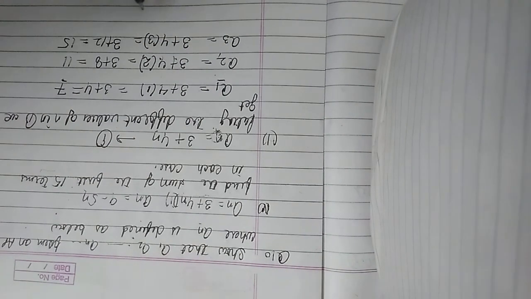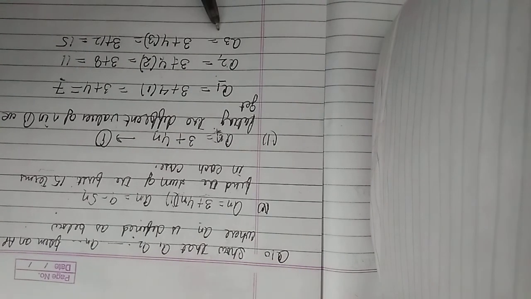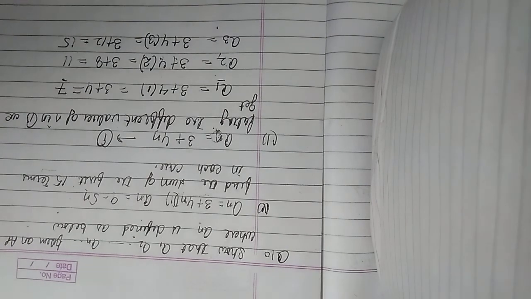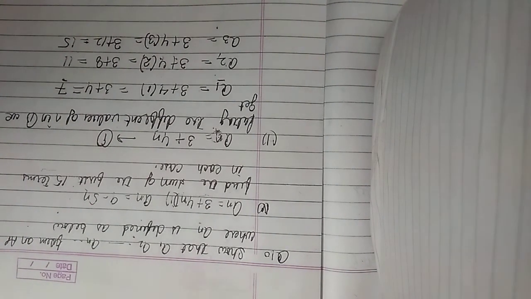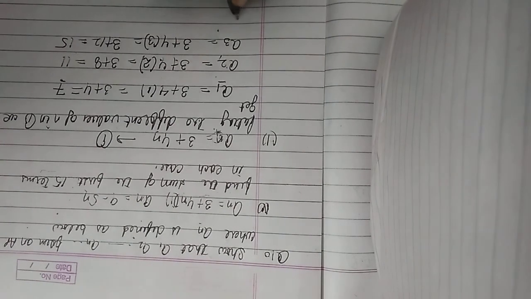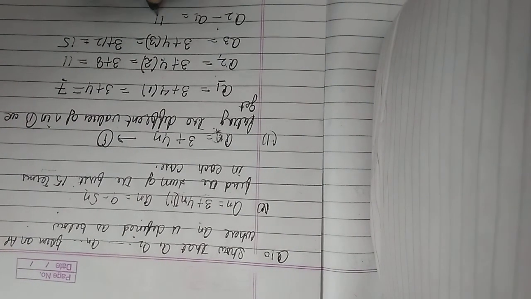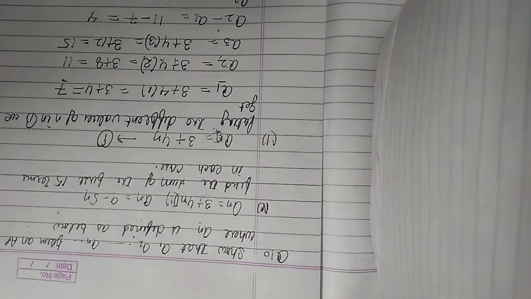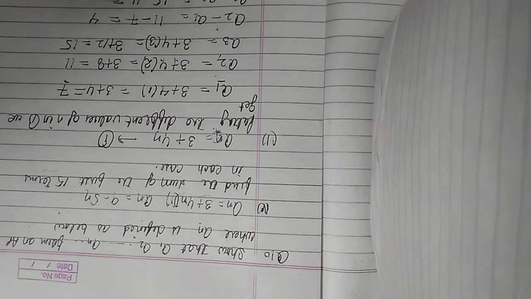Now we will check whether these terms form an AP. How can we check? By taking the common difference. Subtracting the first term from the second term, a2 minus a1, that is 11 minus 7, that is 4. Again subtracting, third term minus second term, 15 minus 11, that is 4.